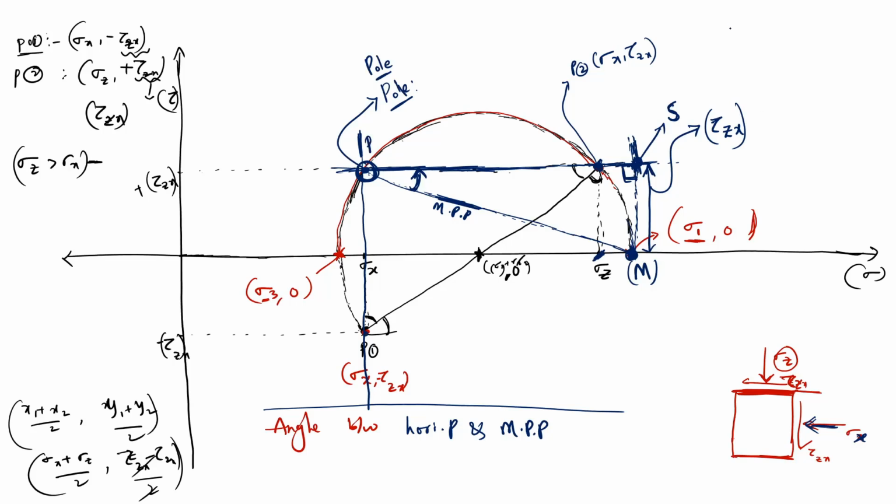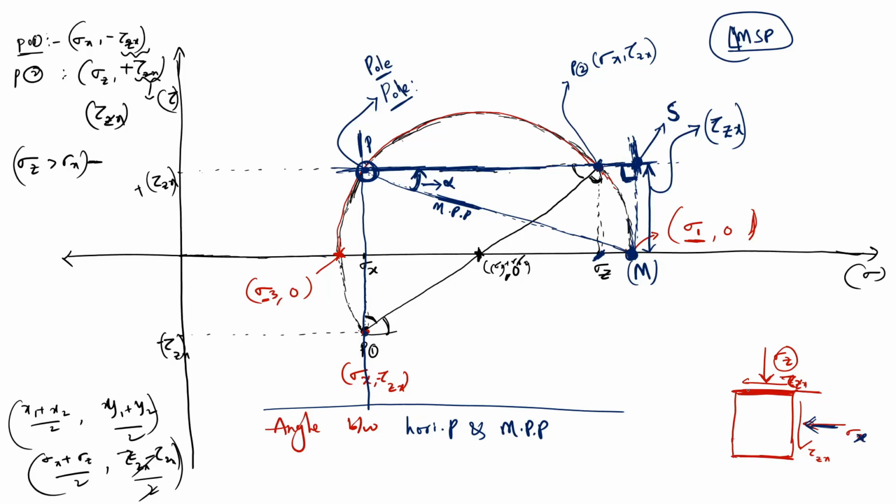So now in triangle MSP, the sum of all the angles should be 180. You know this is 90, and let us say this angle is alpha, which we have to find out. Let us find tan alpha.